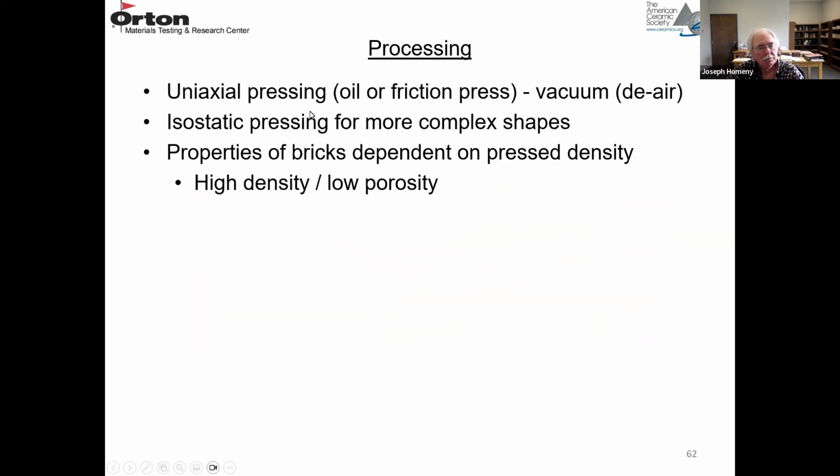So these are uniaxial pressed, and they want to achieve the maximum density. So they're usually a vacuum de-airing process. They can also be isostatically pressed if it's a complex shape. So the properties are really dependent on the green press density. So the higher the density, the lower the porosity, the better the performance of these refractories.